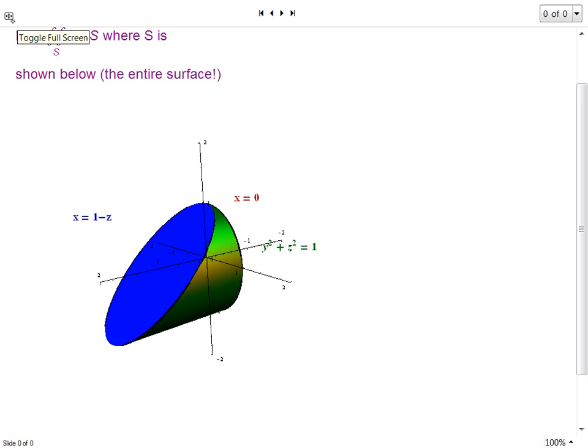If we're trying to do surface integrals, and those surfaces enclose a solid, then what do you think we're going to be able to do? Some version of it, right?